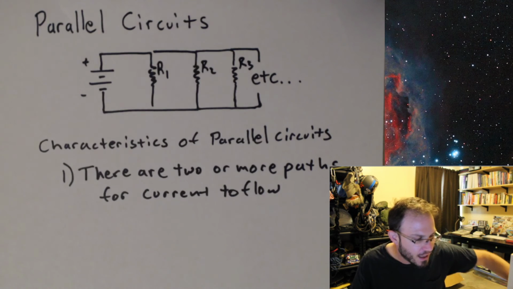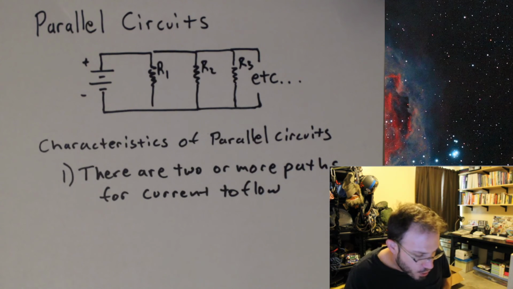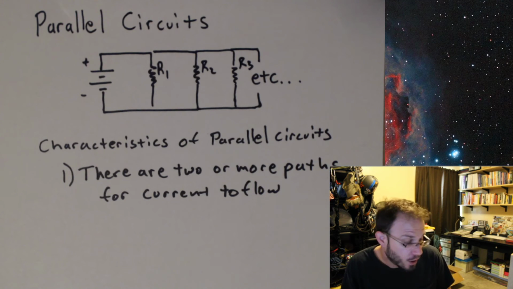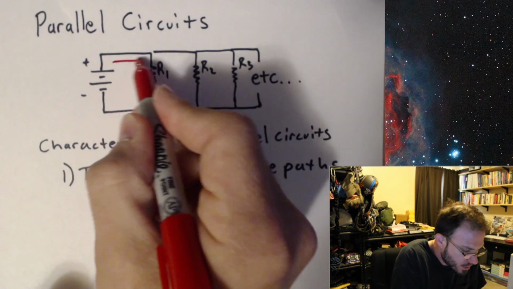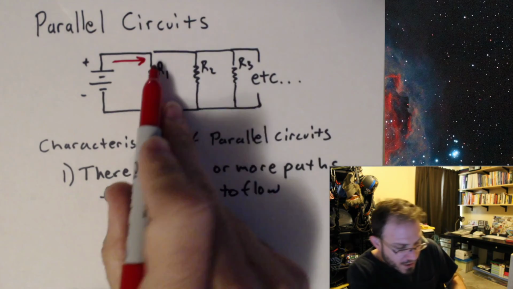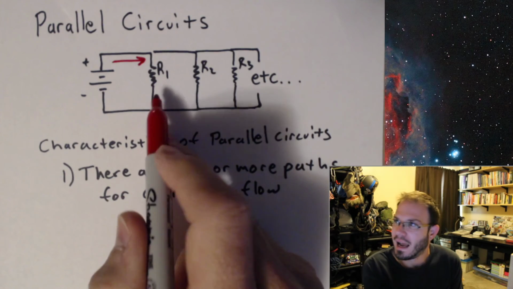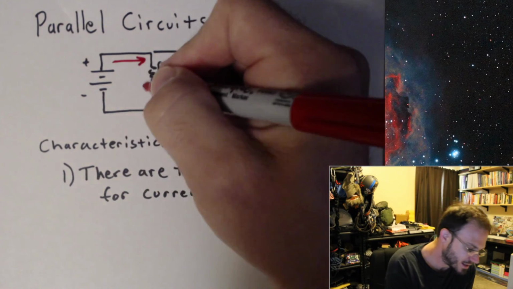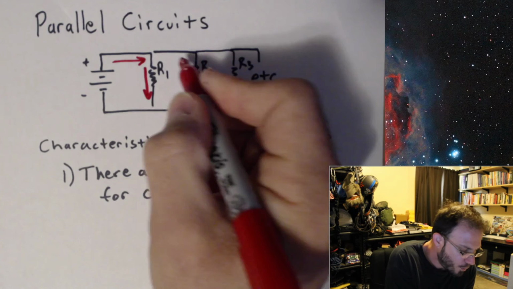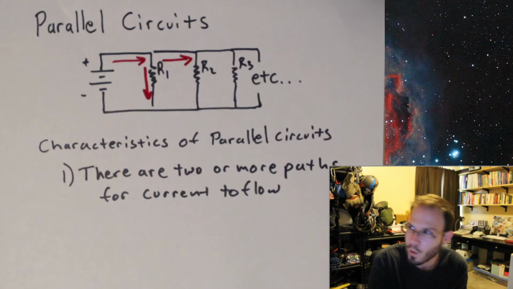Now, in a parallel circuit, there are two or more paths for current to flow. So the current entering here has to make a decision. Some of it will go this way, the rest of it will go this way.